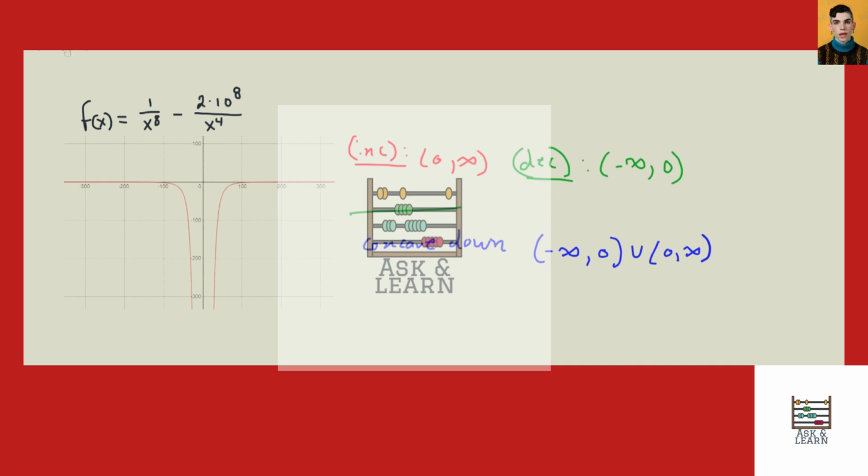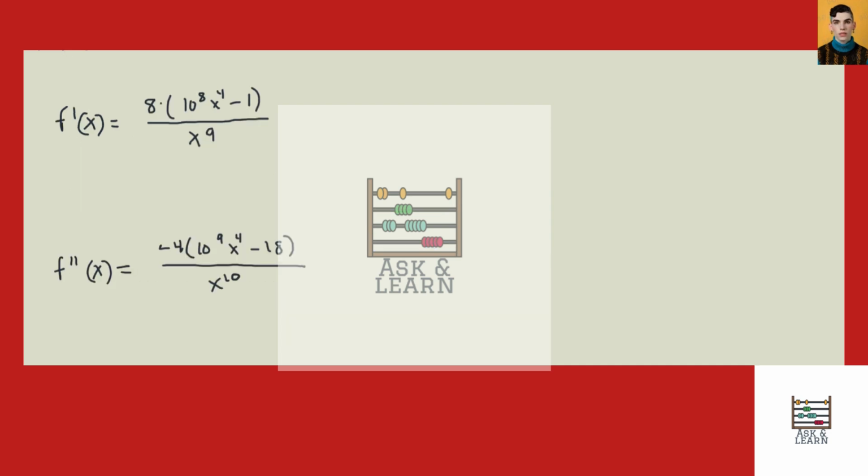All right, now let's go ahead and use a little bit of calculus to find what these intervals actually should be. Now, I went ahead and found the derivatives already for both of these functions, the first and second derivative. And now what we want to do is go ahead and set this function equal to 0.